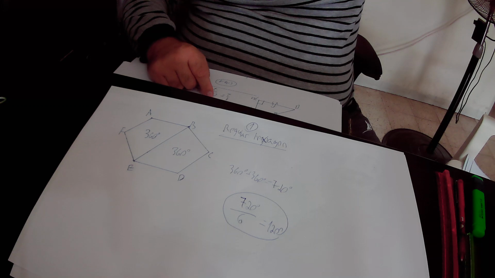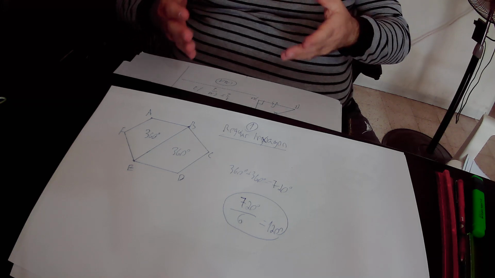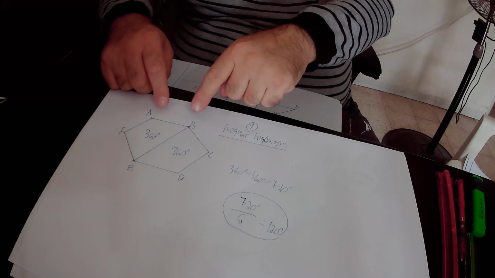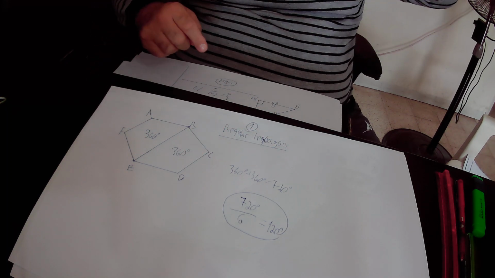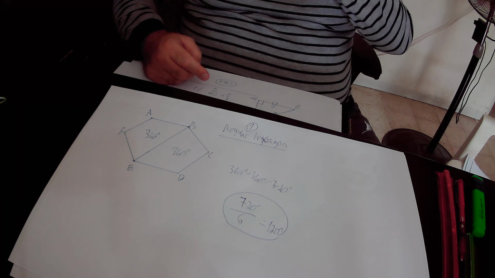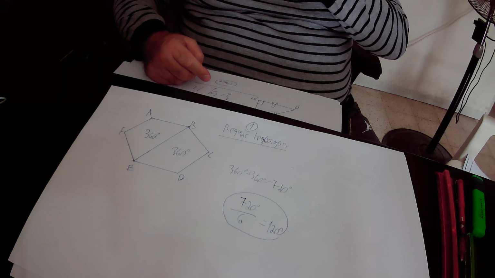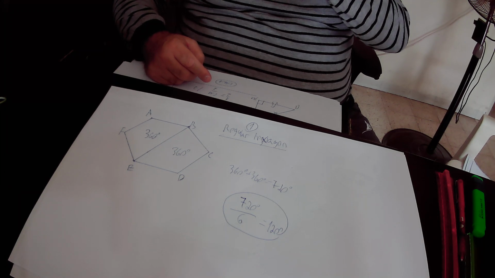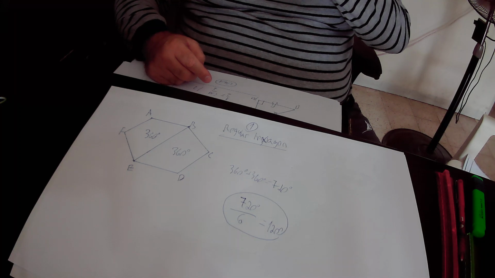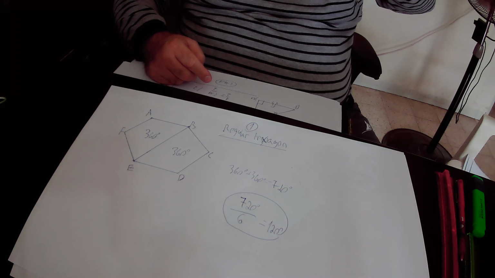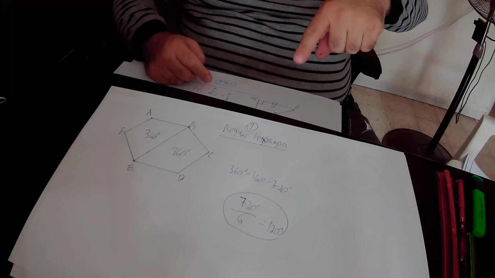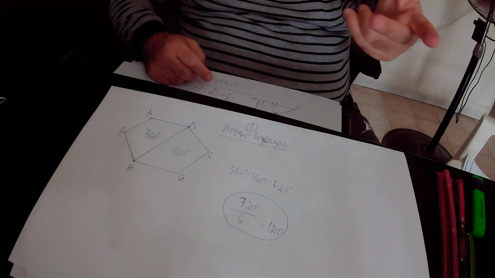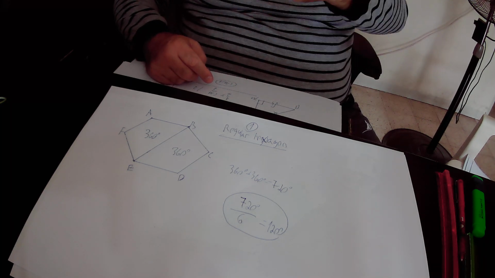Okay? And because any regular hexagon has 6 equal interior angles, 2, 4, 6, in order to find the size of one interior angle in any regular hexagon, we divide the total sum of the angles, 720 degrees, by the number of angles, 6.